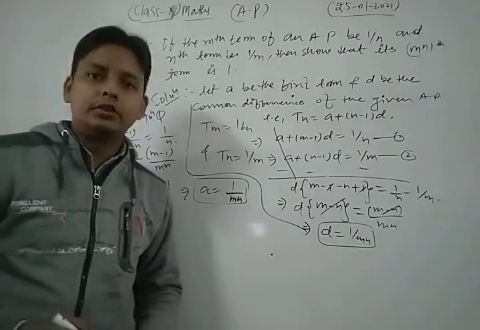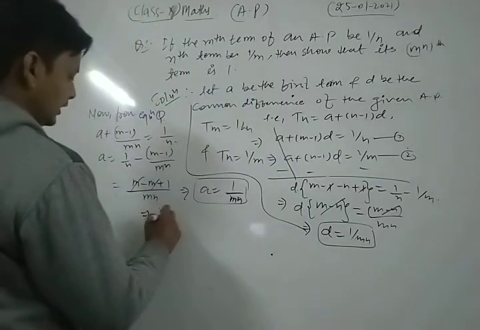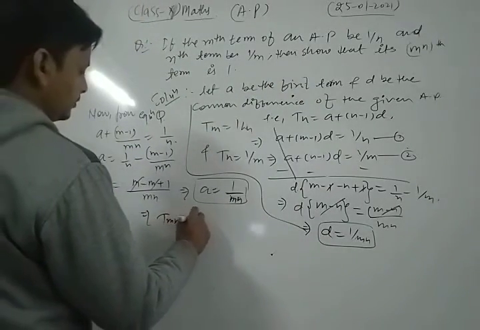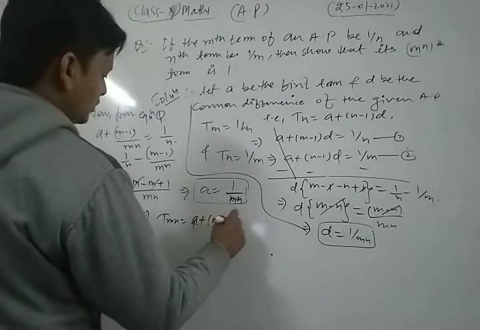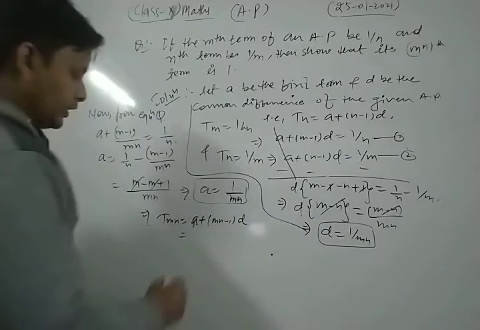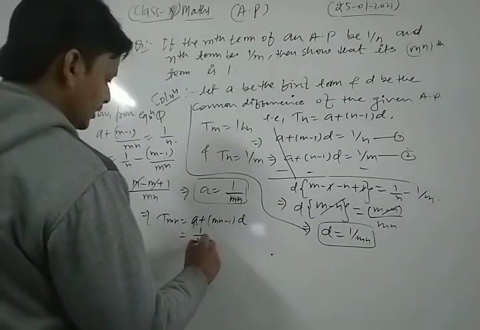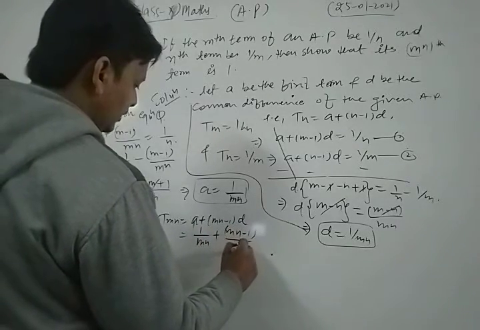Now what we do? We have to show that its mnth term is 1. Thus its mnth term is a plus mn minus 1 into d. Now we put the value of a and d. So we get a's value 1 upon mn plus mn minus 1 upon mn.